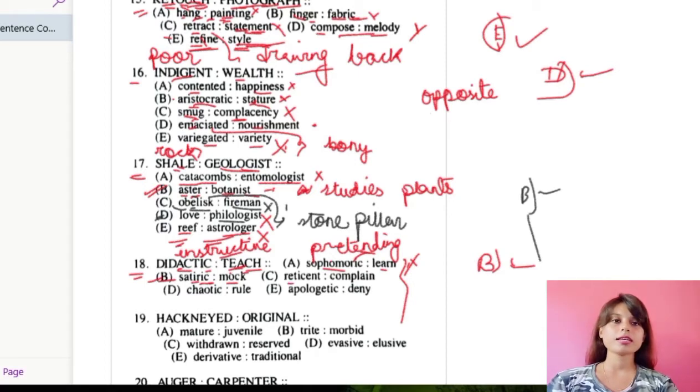Let us discuss reticent and complain. Now reticent means reserved. You remain in yourself, you do not speak out too much, or you can say you do not complain too much or nag too much about something. So that is reticent, that is reserved.